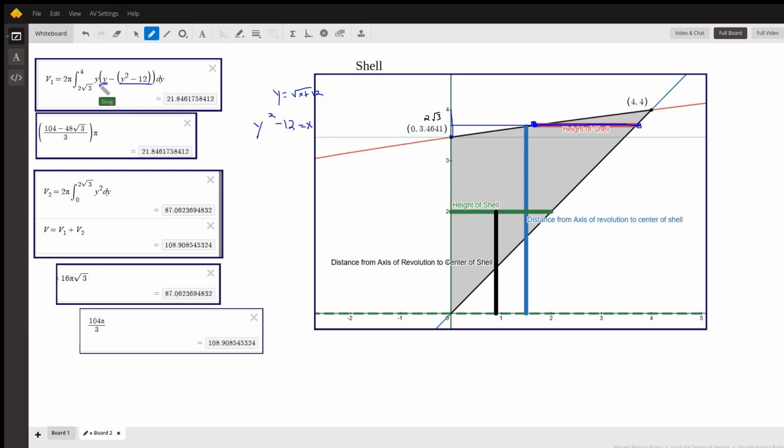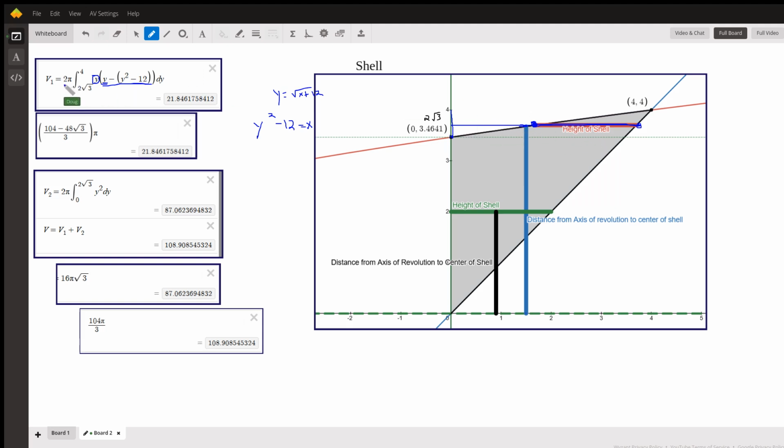And then we want to multiply that by the distance from the axis of revolution to the center of that shell. Well, we're just going from here up to here. That's y. So this is the distance from the axis to the center of the shell. This is the height of the shell. And we're going from 2 radical 3 up to 4.